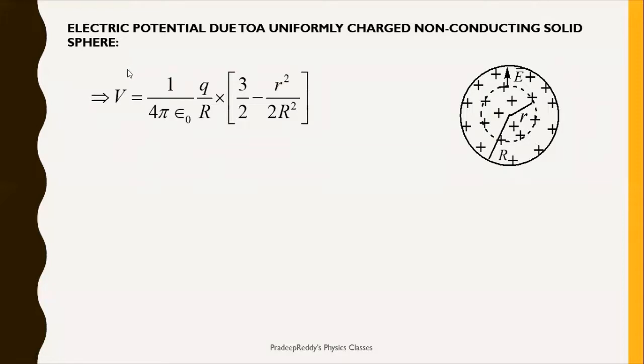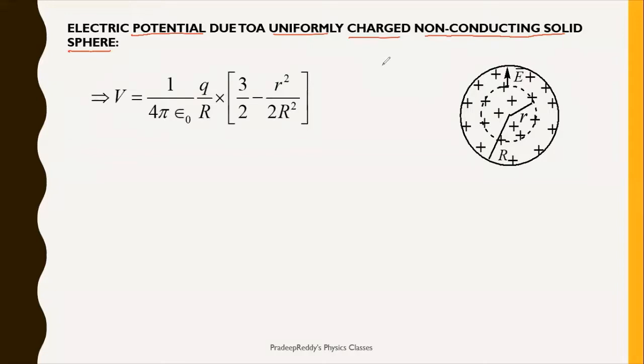Students, in this particular slide, we are going to derive, or we are going to find out, the electric potential due to a uniformly charged non-conducting solid sphere. So in the previous slide, we learned electric potential due to a shell, whether it is conducting or non-conducting, it is a shell.